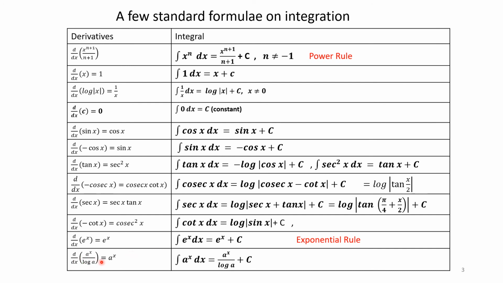Finally, the last term in the standard formula is d by dx of a to the power of x divided by log a, that is equal to a to the power of x. That is, integration of a to the power of x dx is equal to a to the power of x divided by log a plus c.